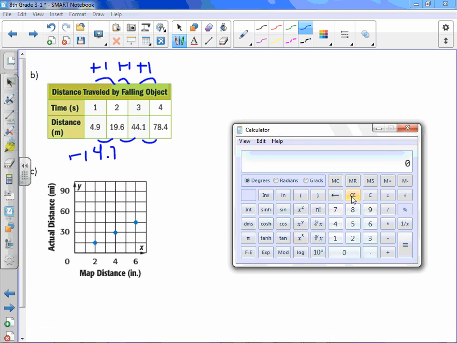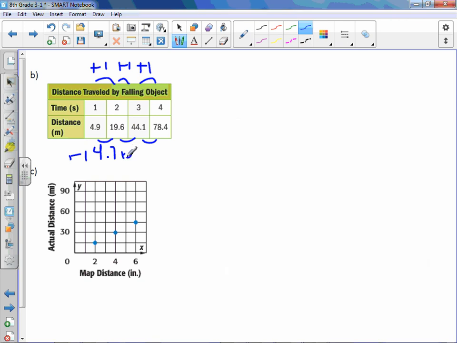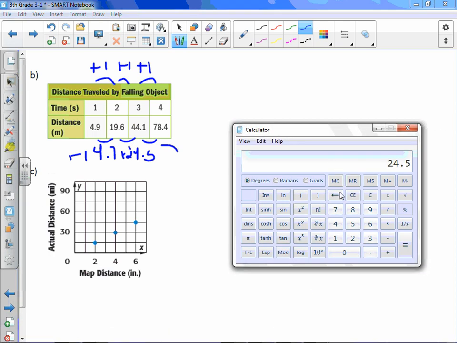And the next one, we've got 44.1 minus 19.6, which is 24.5 for the second one. And the third one, 78.4 minus 44.1 is 34.3.